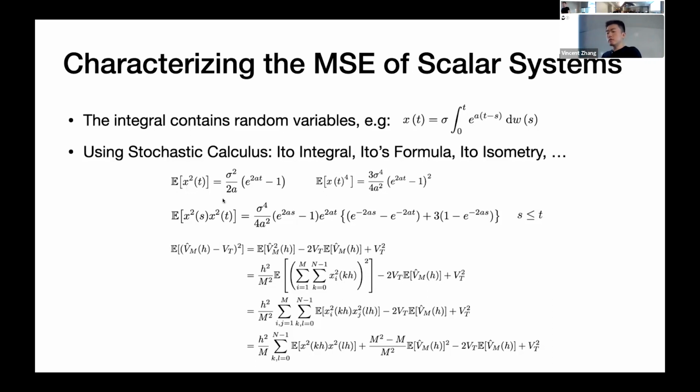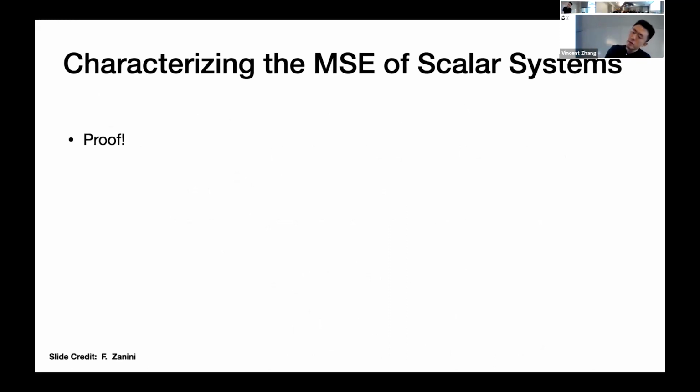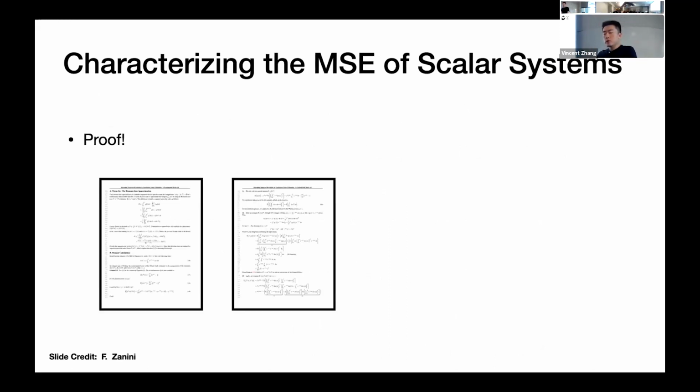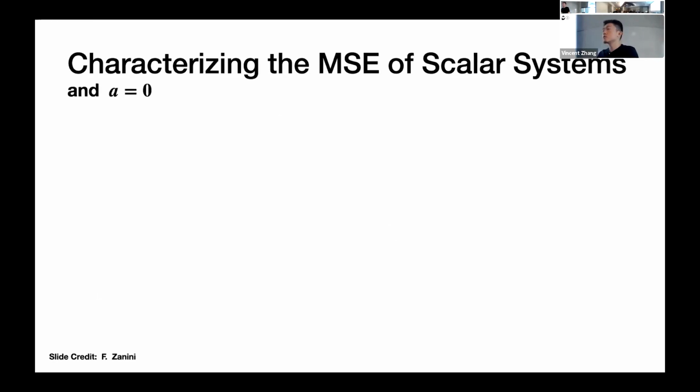But given those closed form expressions, we can just plug them in and compute the final result, which is quite cumbersome. That's why it took a lot of space. But now the problem is the result is so long that it's hard to parse.